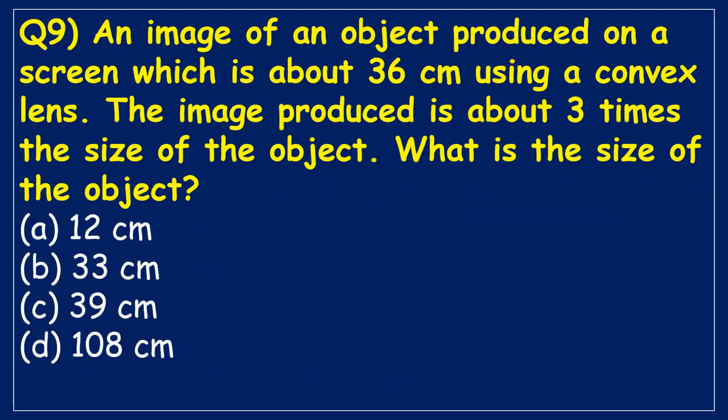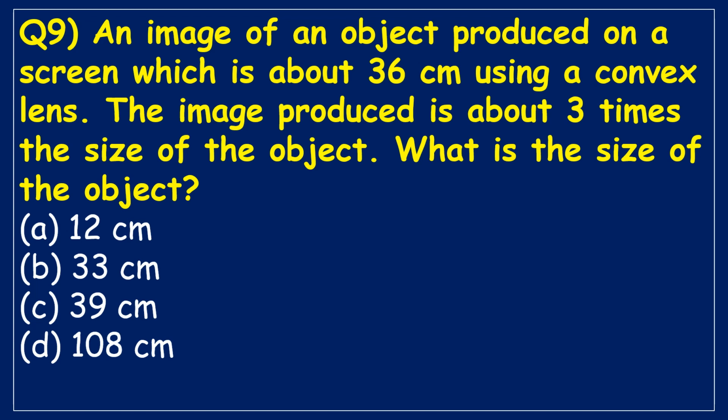An image of an object is produced on a screen about 30 centimeters away using a convex lens. The image produced is about 3 times the size of the object. What is the size of the object? Here the image size is 36 centimeters, and it is 3 times bigger than the object.